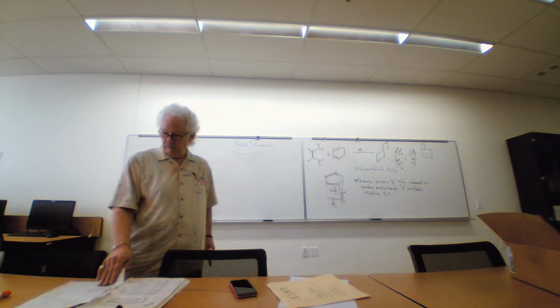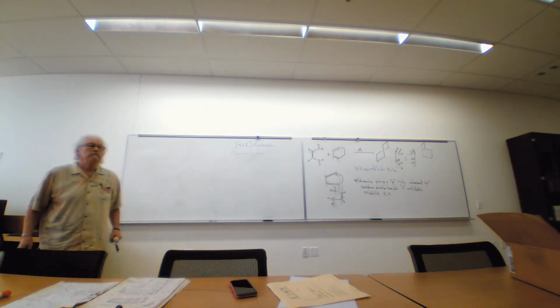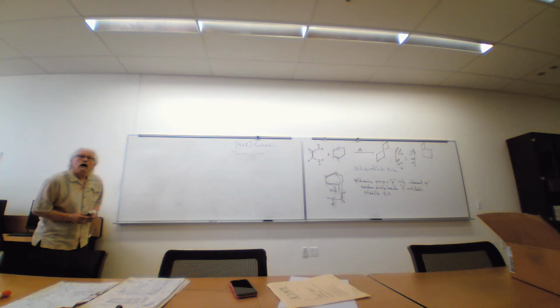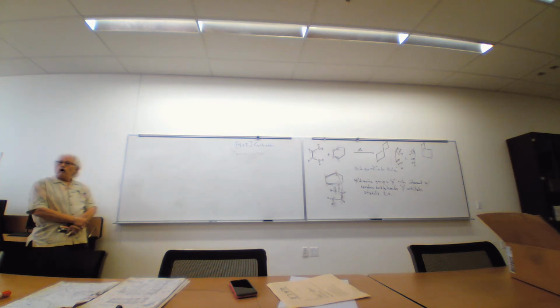So only electron withdrawing groups with p orbitals do this, not like fluorine or iodine. They're not strong enough to force it to go endo.